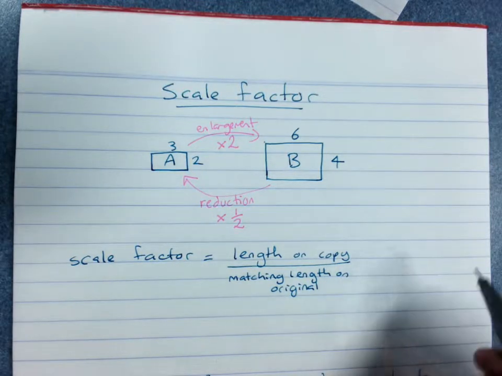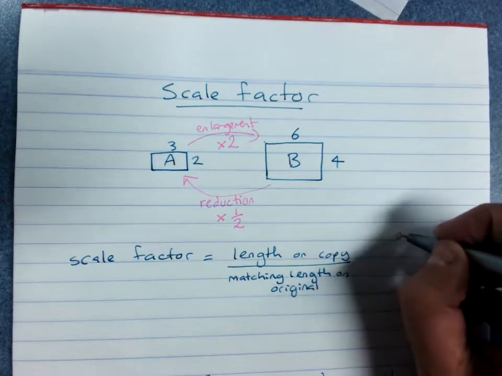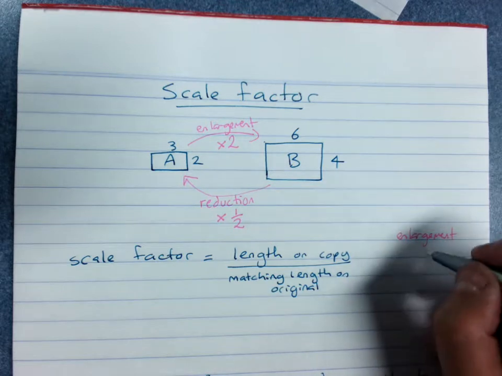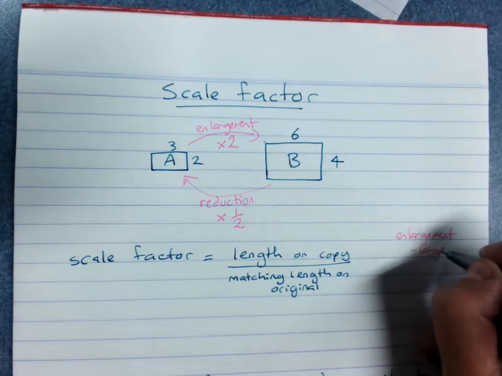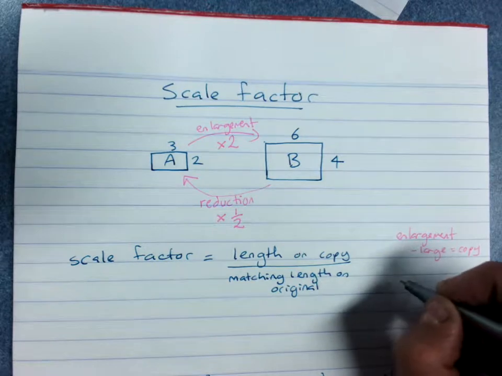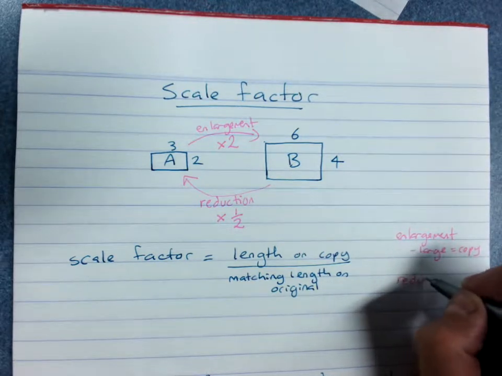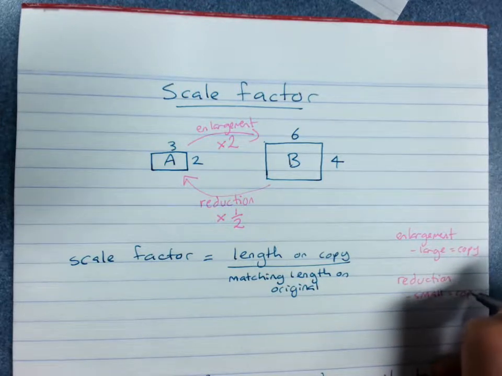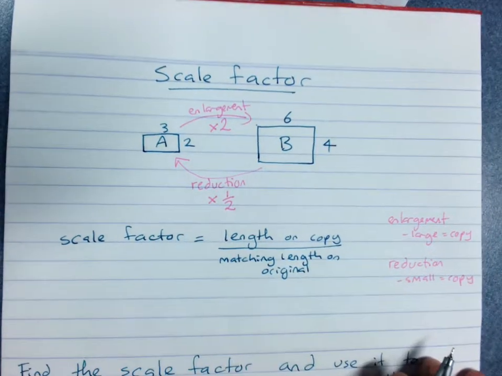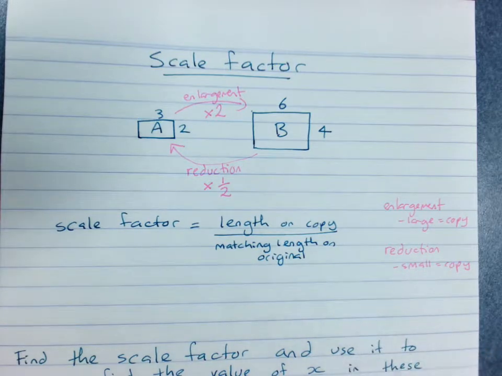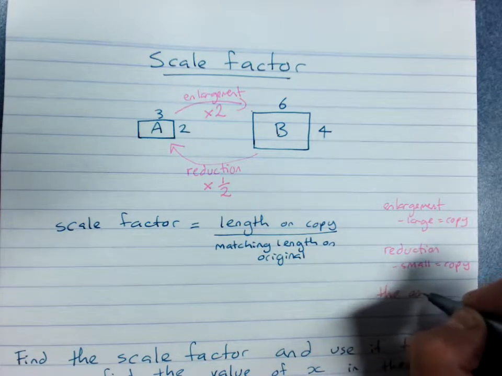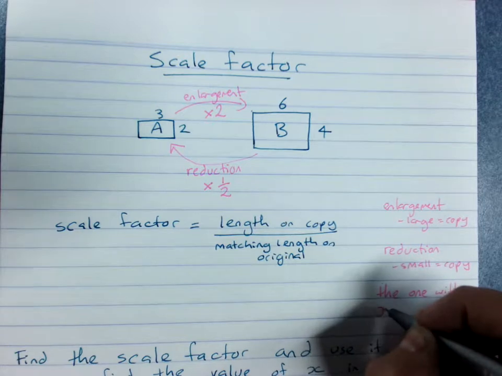So if you are enlarging, then the bigger one is the copy. If it's a reduction, then the small one is the copy. And if they didn't tell you if it's an enlargement or a reduction, which they won't have in the next question that I've got for you, then the one with X, or the unknown, is the copy.